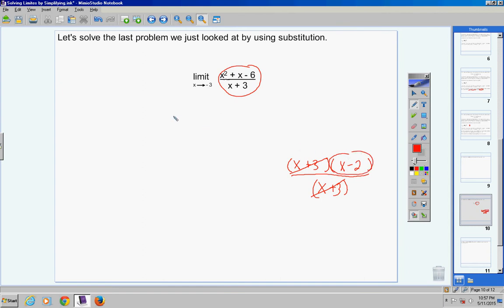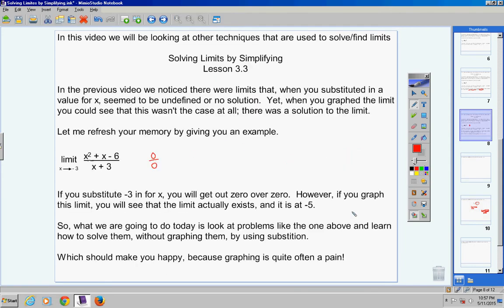So I'm going to rewrite my limit now like this. I'm going to find the limit of x minus 2 as x approaches -3. And you say, Mr. Earhart, you told us the answer earlier is -5. Remember, guys, I told you the answer is -5.